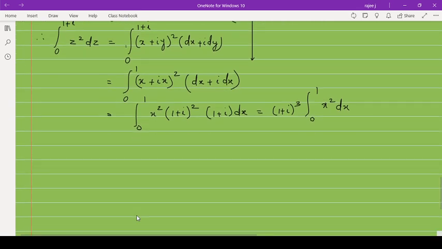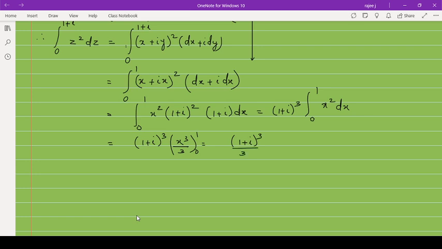That is equal to (1 plus i) the whole cube, and here x cube upon 3, from 0 to 1. Giving the limit, x is 1, so 1 by 3, and the lower limit is 0. So it is (1 plus i) the whole cube upon 3.